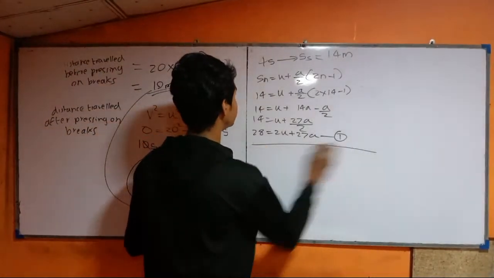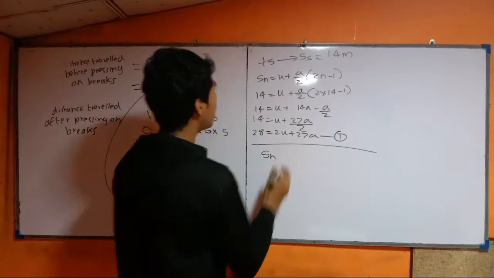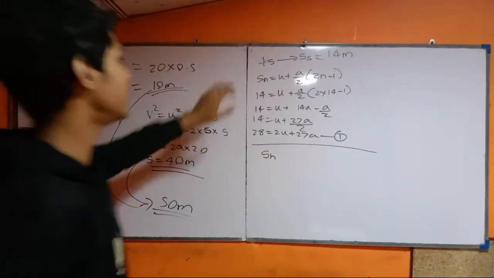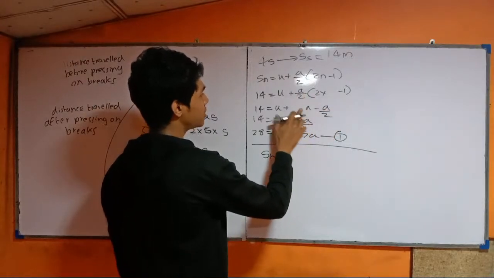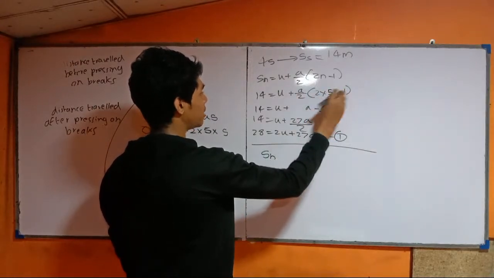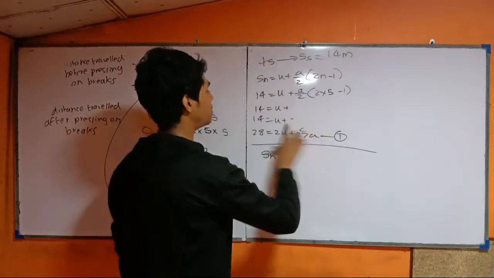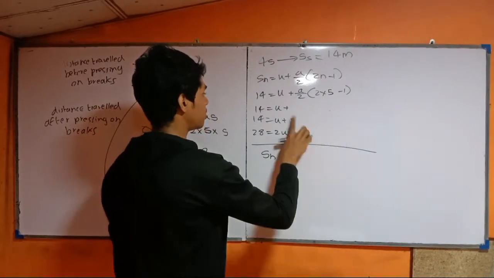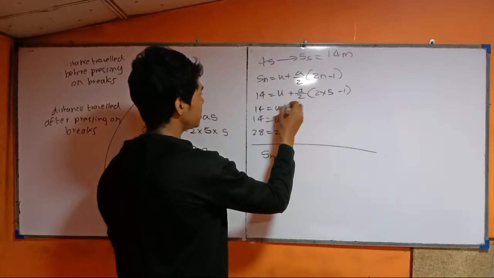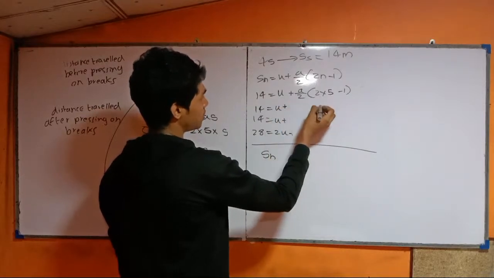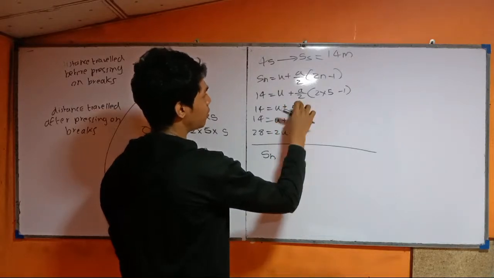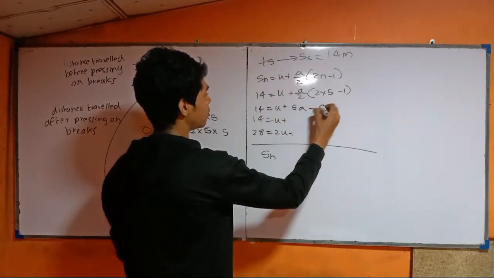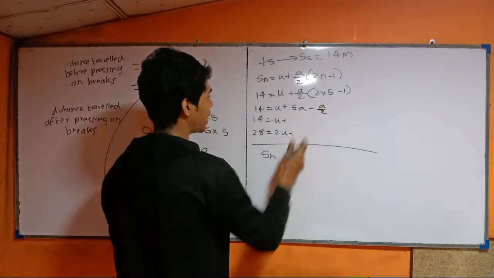Then next one they say 20-meter distance within 8 seconds. But first, what is this 5th second? 2 into 5, 10 minus 1, 9. Sn is equal to u plus a over 2 into this one. So 5a minus a over 2. So it's going to be 9a over 2.